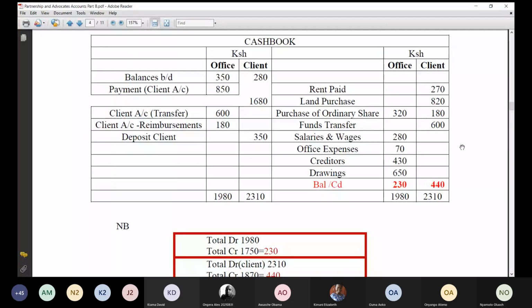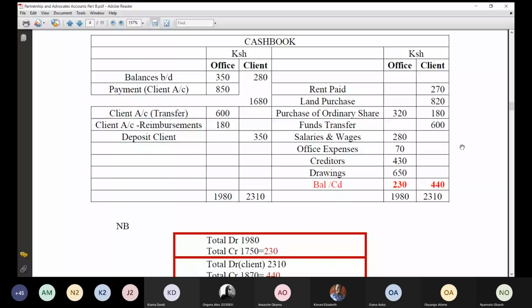The one that you might need to check a little bit is that there was a purchase. He used 500,000 to purchase shares for a client who had a credit balance of 180. What belonged to the client was 180, but we purchased shares on his behalf for 500.